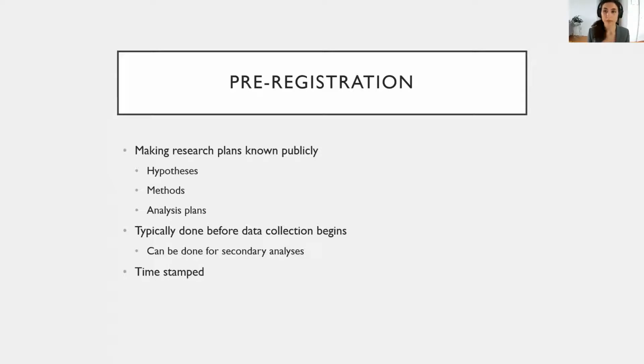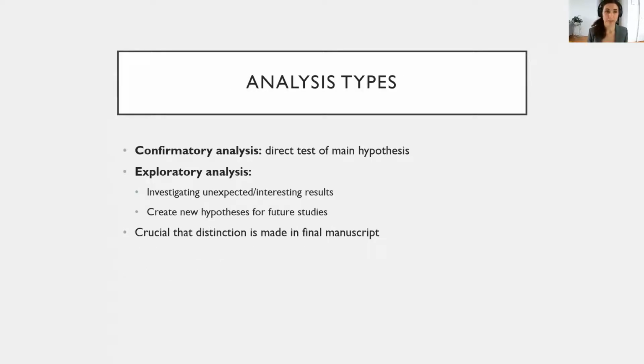One of the main components of pre-registration is the analysis plan, because we want to get rid of p-hacking and HARKing, so we need to make our analyses really clear. There are two different types of analyses that can be included through pre-registration. The first is a confirmatory analysis. This is a direct test of the main hypothesis.